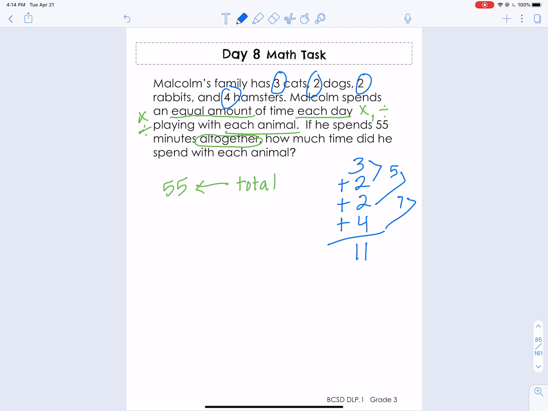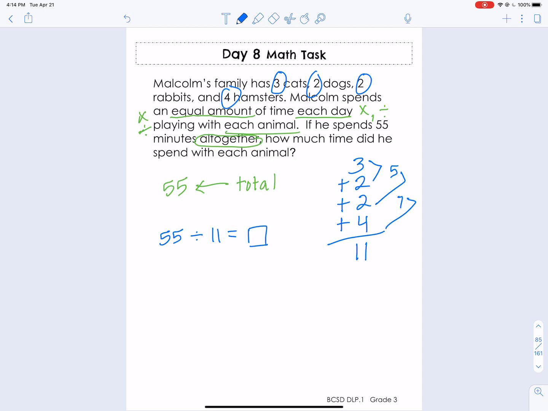Okay, so to me, this is sounding like a division problem. He has to equally share the amount of time that he has with each of his animals. So let me write this as a division sentence. 55 divided by 11 equals blank. That's what we don't know yet.